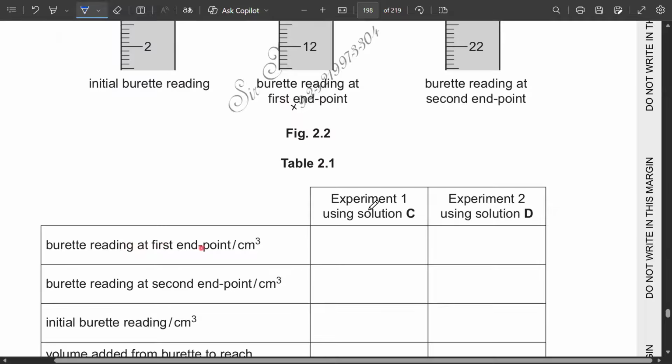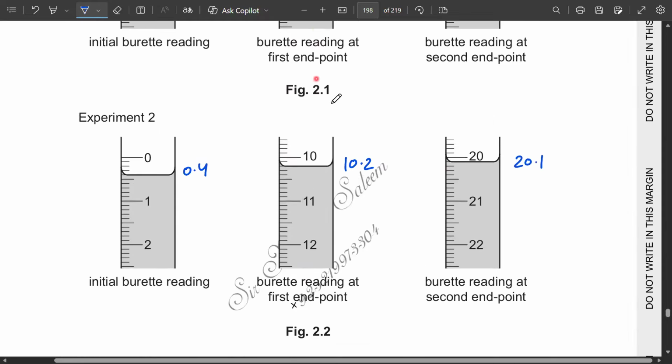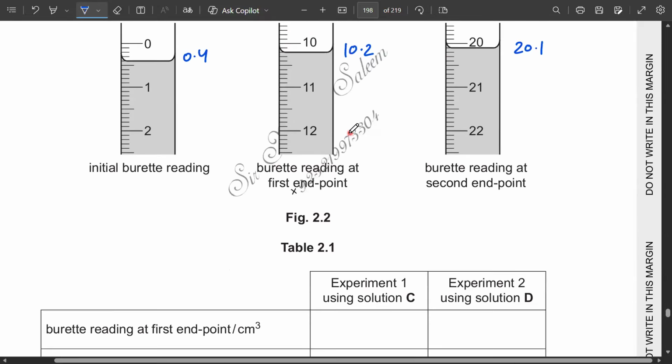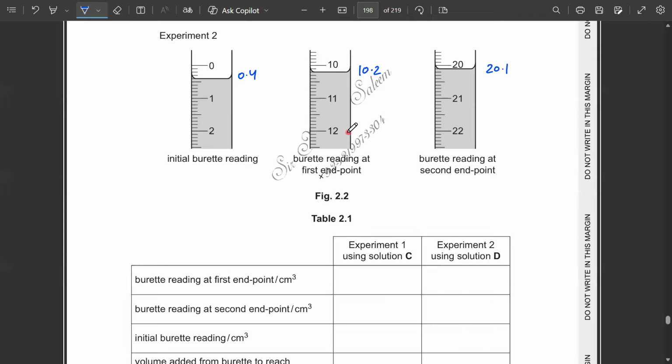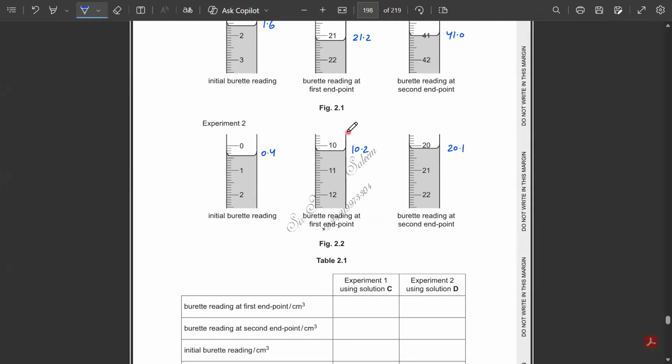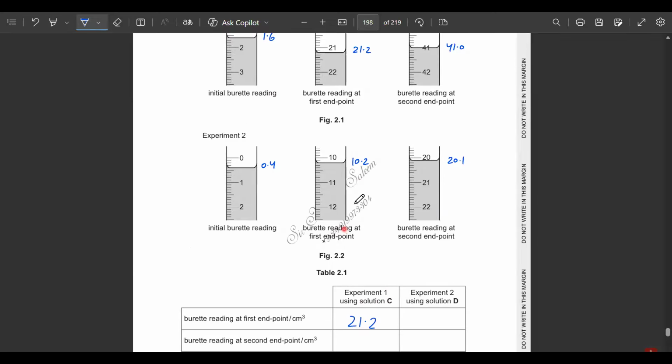Burette reading at first endpoint of experiment 1. This is the first endpoint, so it is 21.2. Okay, I have the values on my side. So 21.2 for experiment 1, and for experiment 2, first endpoint, it is 10.2.